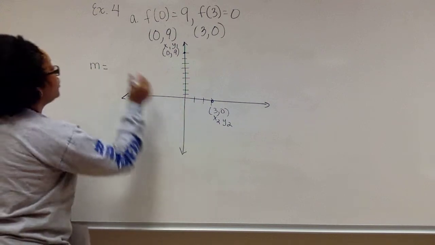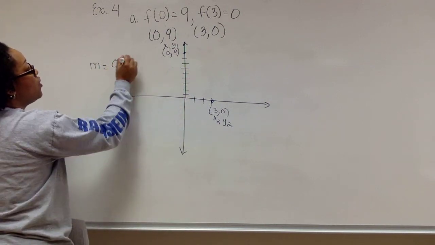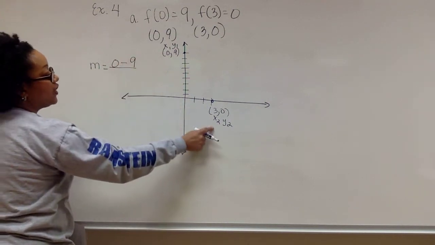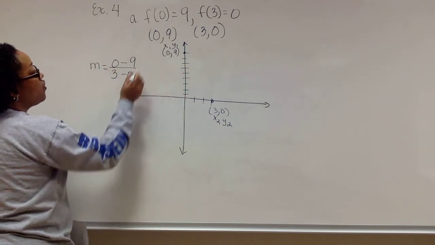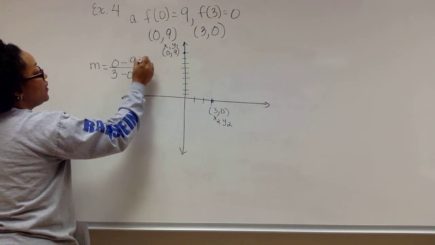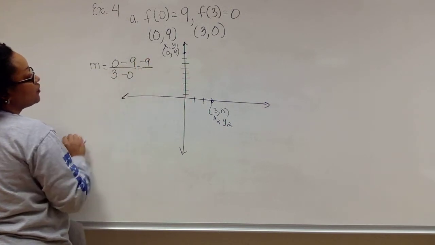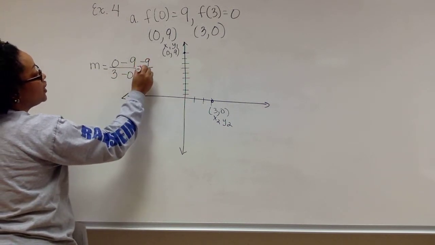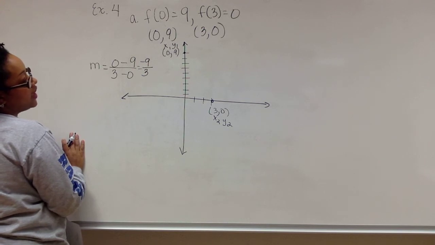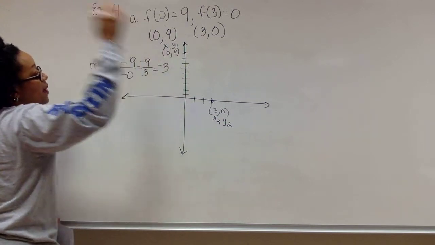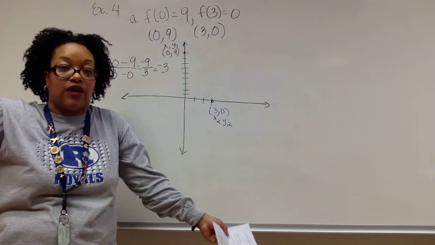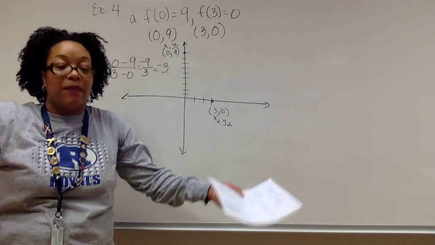So y2 is 0, y1 is 9, x2 is 3, x1 is 0. My slope is negative 9 divided by 3, so that simplifies to negative 3. My slope is negative 3. That's my m.